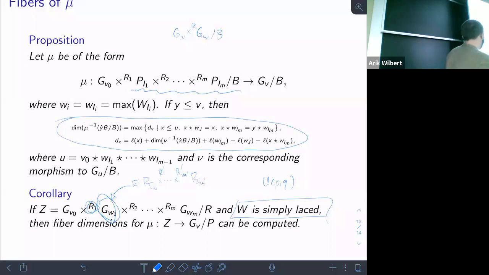For me, this is what Richmond and Slofstra say, and that's where this hypothesis comes from. Actually, it's not true if it's not simply laced: there are examples of Schubert varieties that aren't blue Schubert varieties, that are not in flag varieties. So these fibers are not smooth in general.